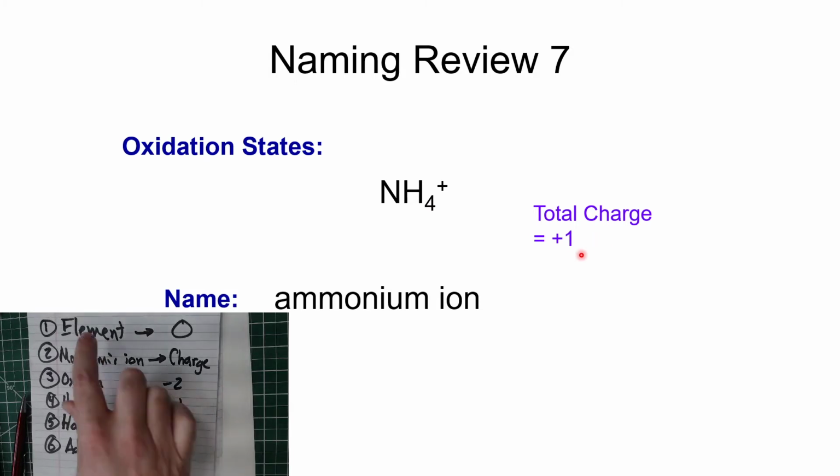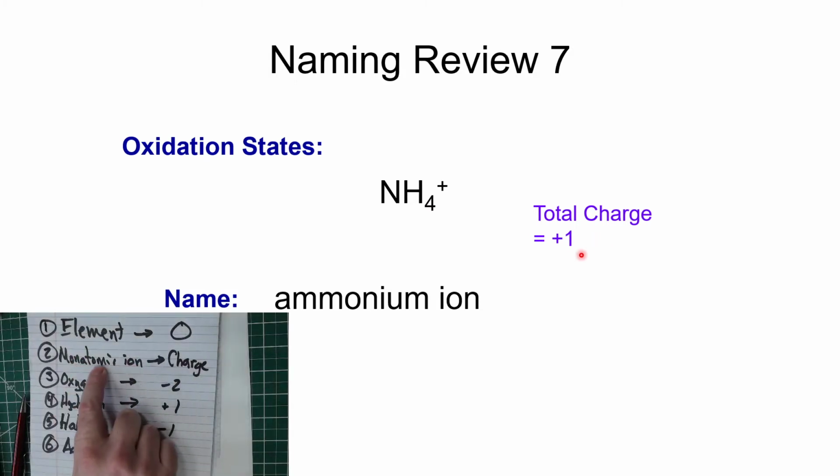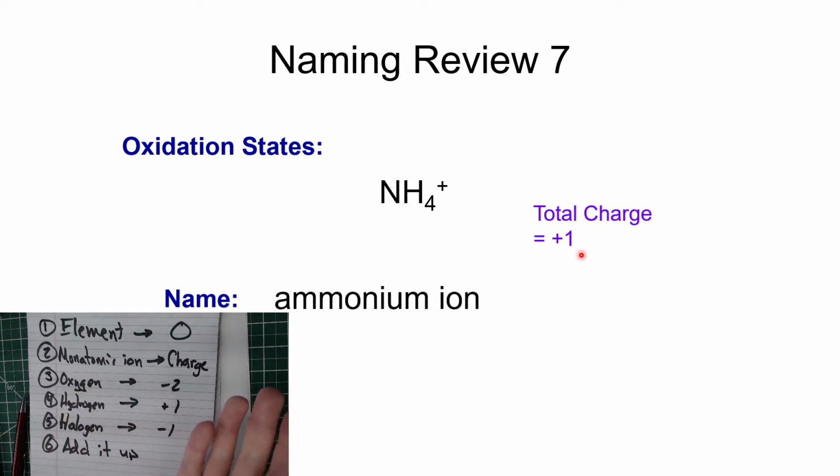Now, is there a monatomic ion present? And the answer is no, there's not a monatomic ion present. This is just a single polyatomic ion all by itself. So next, is oxygen present? Well, no, there's no oxygen in this polyatomic ion. So next we'll look at hydrogen. Is hydrogen present? Well, yeah, there's hydrogen. So we're going to put a +1 above the hydrogen.